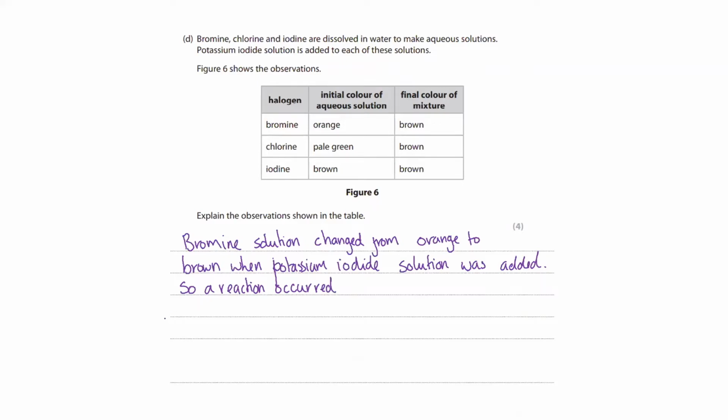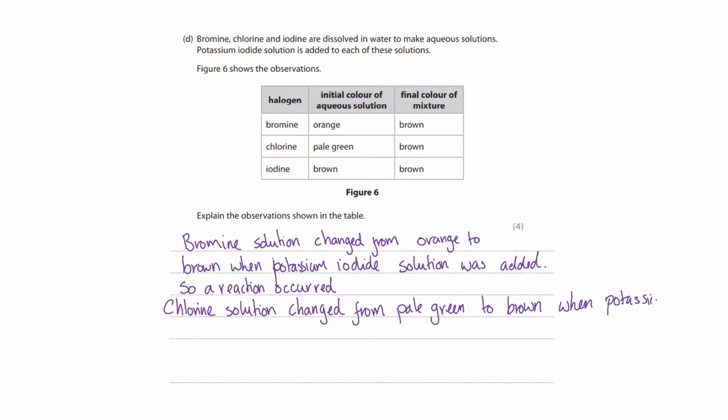Chlorine solution changed from pale green to brown when potassium iodide solution was added.